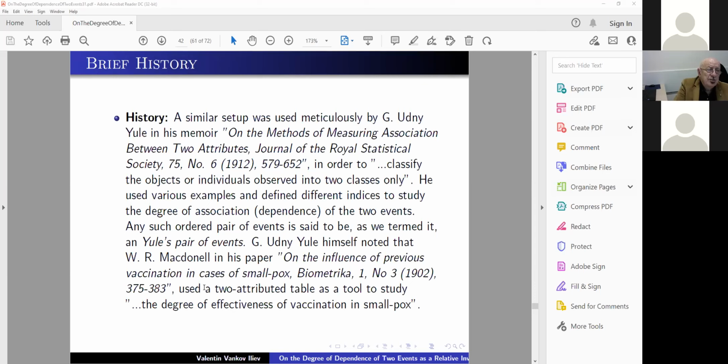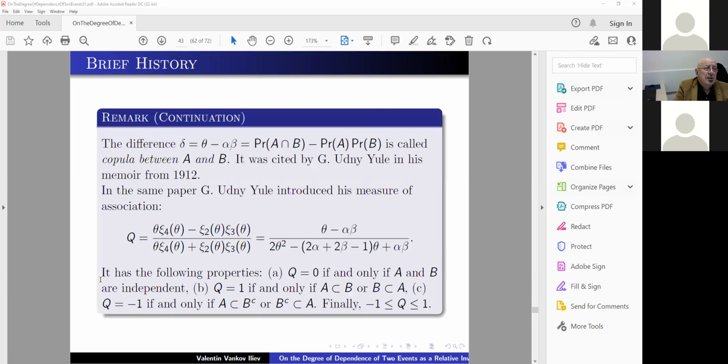And he noted that McDonnell, in an earlier paper from 1902 in Biometrika, used the two-attribute tables as a tool to study the degree of effectiveness of vaccination in smallpox in those six English cities.